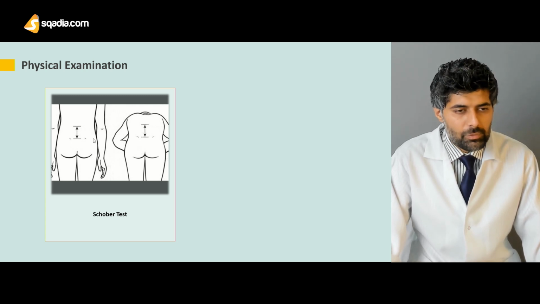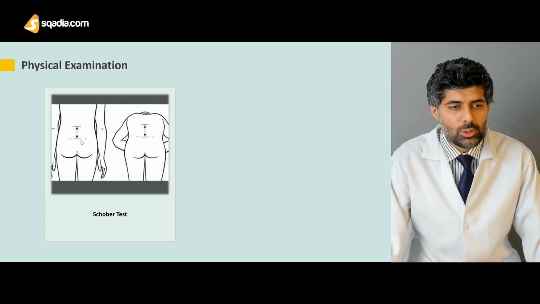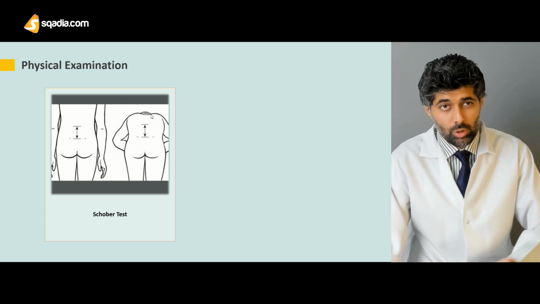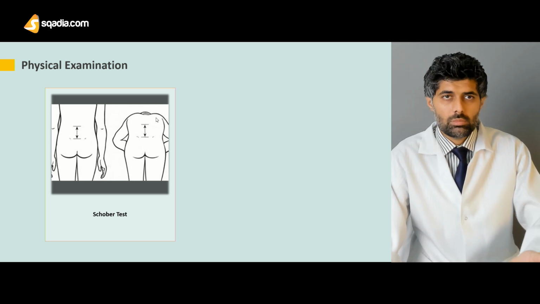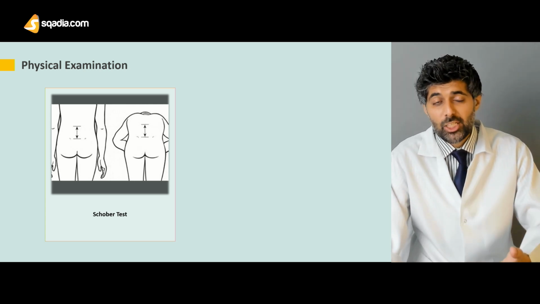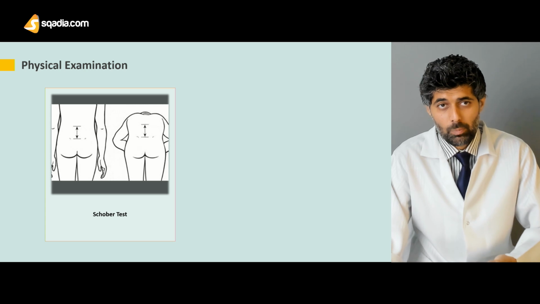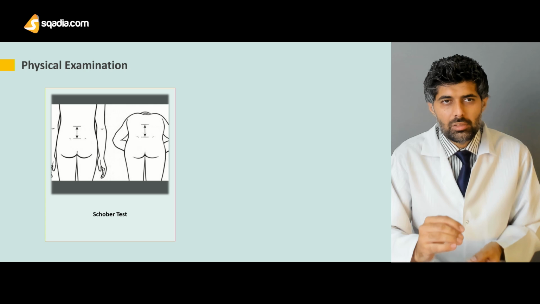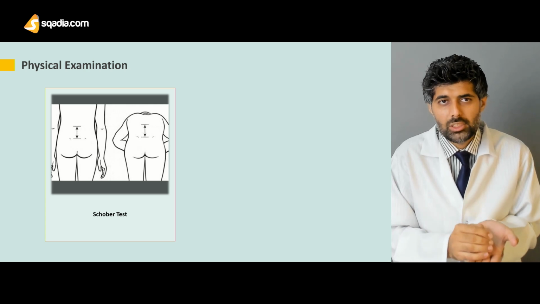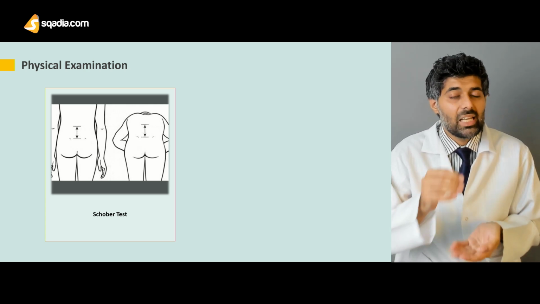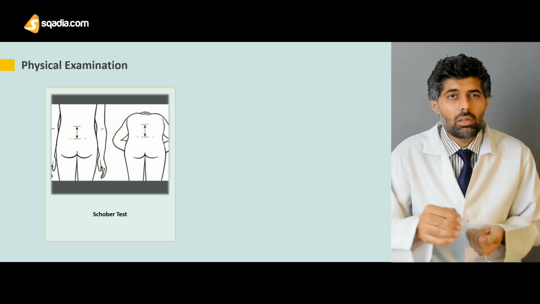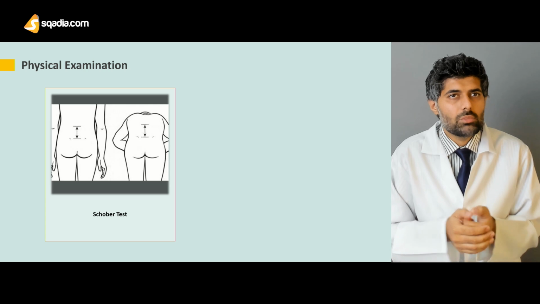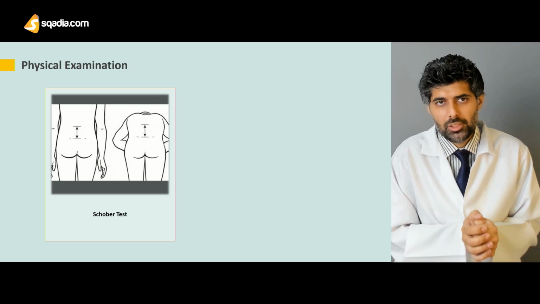Now, after the marking of these two lines, the patient is asked to bend over or to have flexion of the vertebral column. Now, if the length between these 2 points increases by 5 centimeters or more, then the patient does not have ankylosing spondylitis.